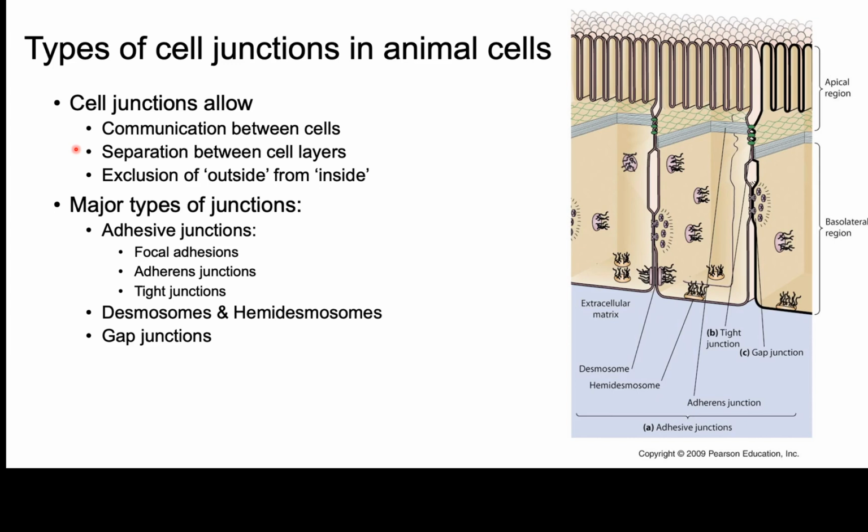And so the different types, there are some that help cells stick together. There are some called desmosomes and hemidesmosomes, and then there are gap junctions, so named because you can actually see the gaps between cells right here. So adhesive junctions, we have focal adhesions. Focal adhesions allow cells to bind to the extracellular matrix.